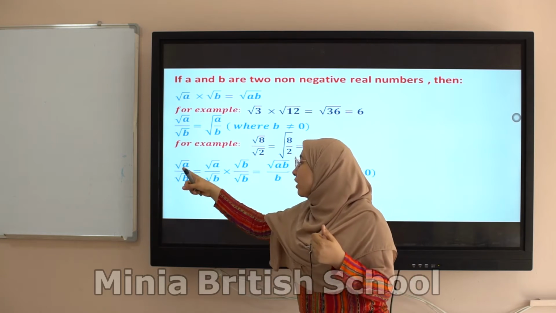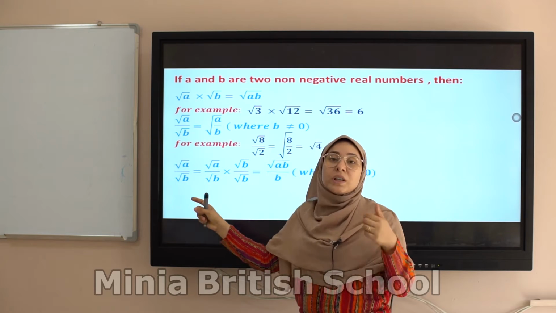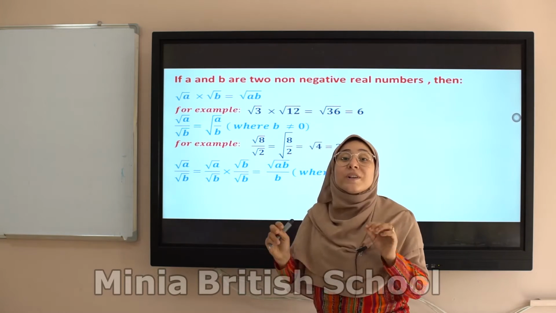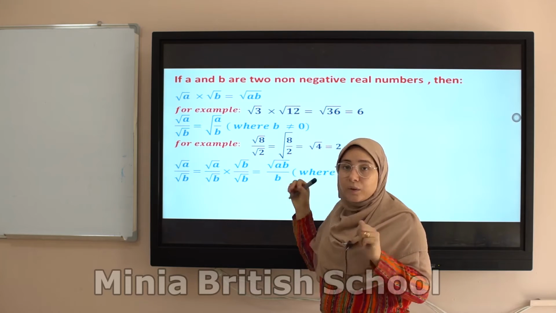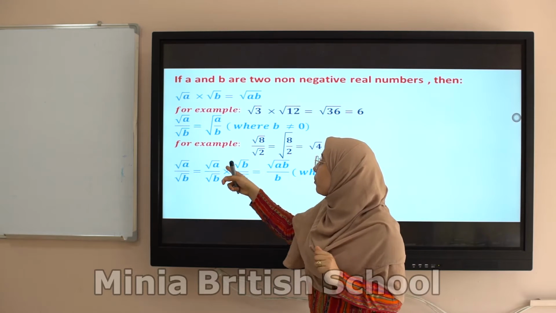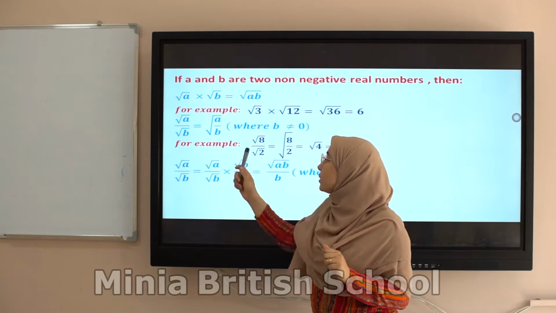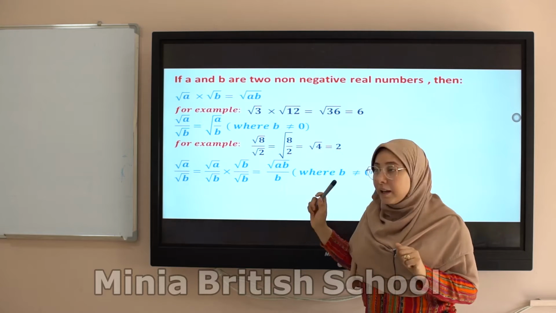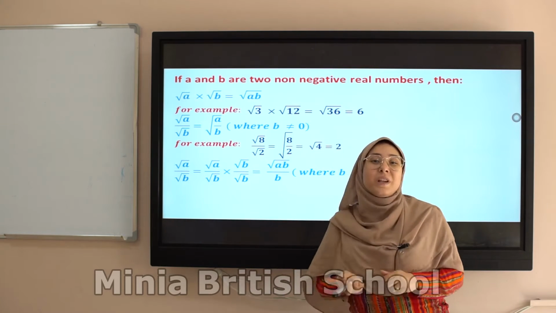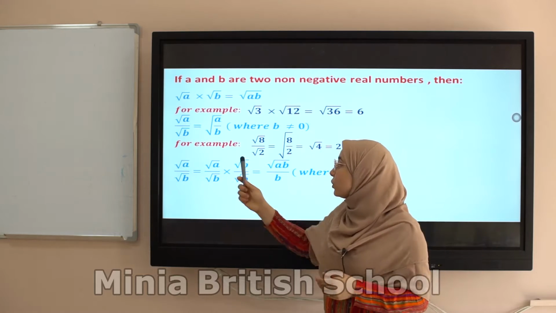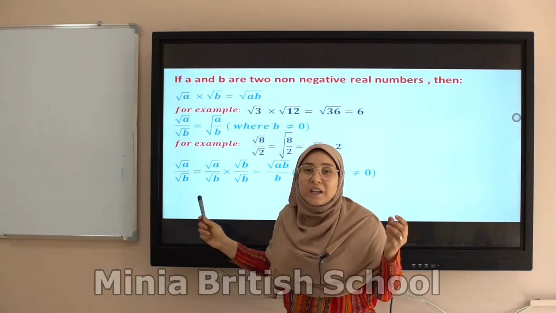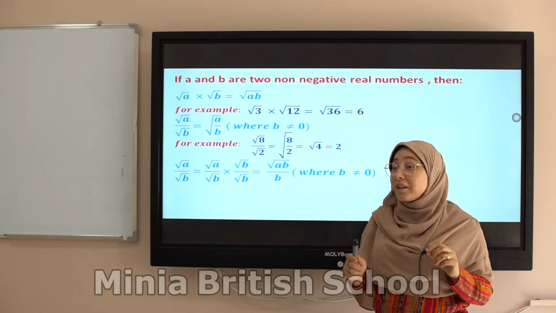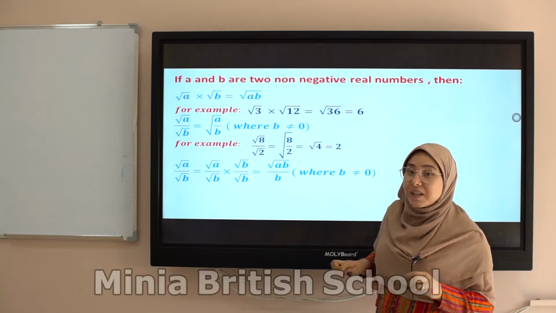Here the number in the denominator is root B. So I will multiply root A over root B by root B up and down, okay? And from the first property, root A times root B equals root AB, and root B times root B equals B. So root A over root B equals root AB over B, where B is not equal to 0.